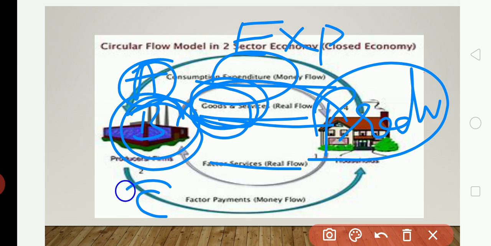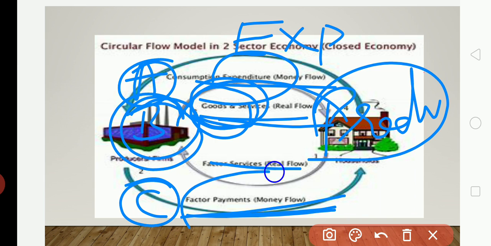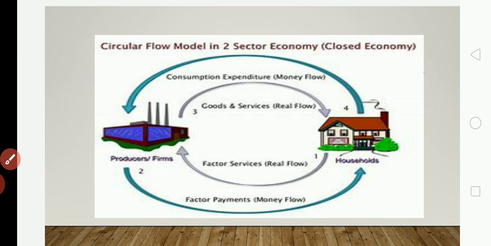At point C, when we add up all the factor income paid to the household, when we calculate all the income together, of all the people who are getting rent or wages or interest or profit, that is all the income received by the household. When we add those factor payments, we get the income method.